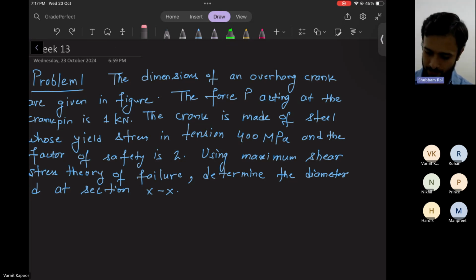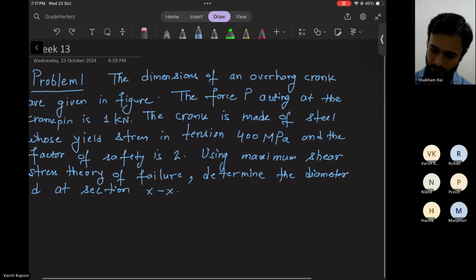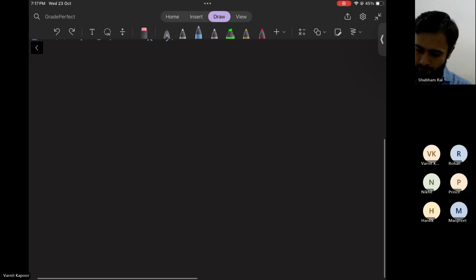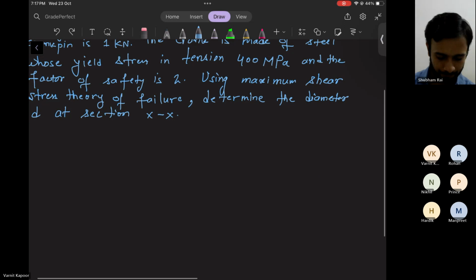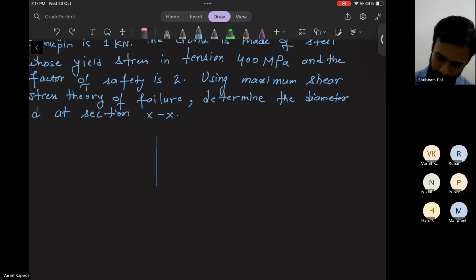The diagram looks something like this. Let's say this is the crank.